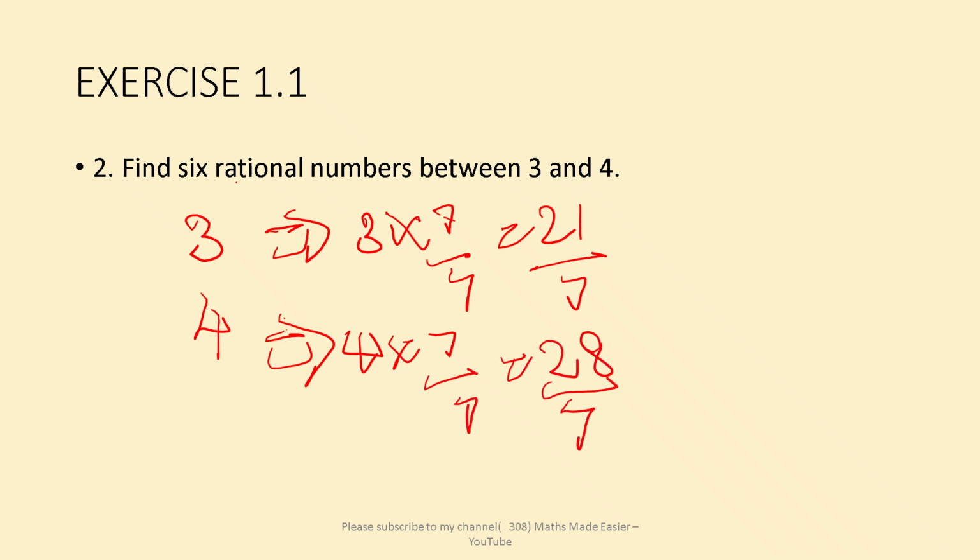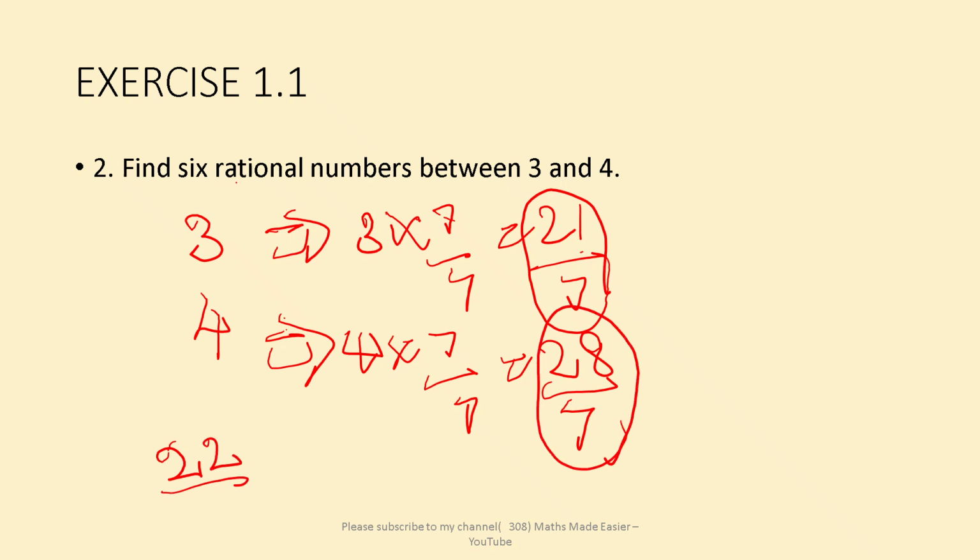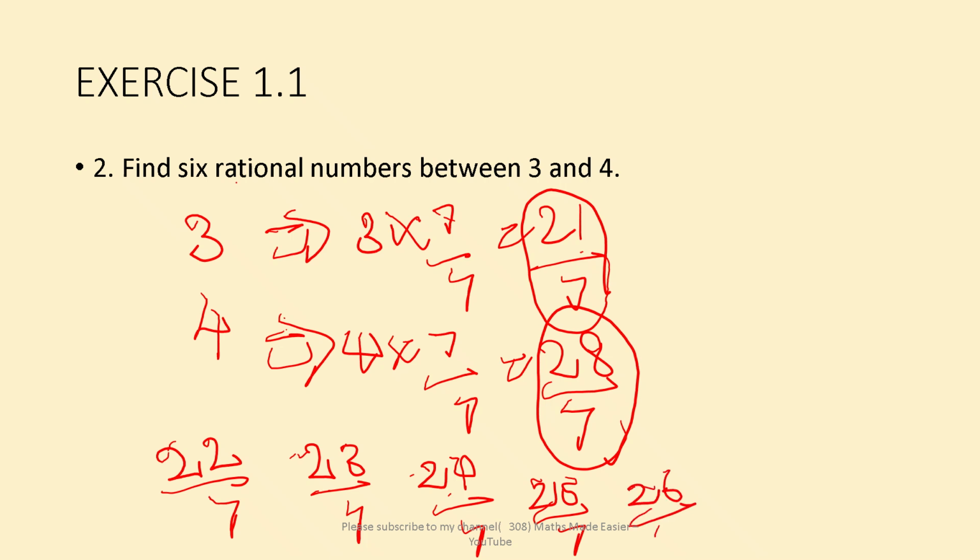Now our task becomes very simple: to find 6 rational numbers between 21 by 7 and 28 by 7 as 22 by 7, 23 by 7, 24 by 7, 25 by 7, 26 by 7, 27 by 7. These are the 6 rational numbers between 3 and 4.